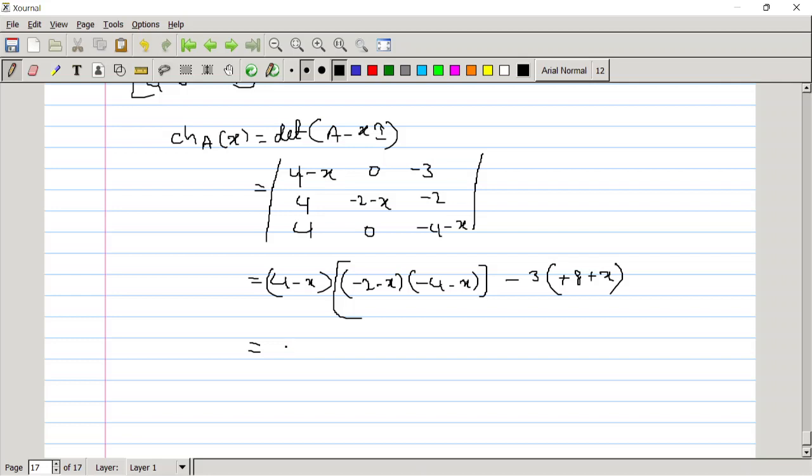Let me write it directly because we are running out of time. From this we get x plus 2 into x square minus 4. Maybe it may differ by a sign also, or x plus 2 times x square minus 4. You do the calculations here. You will get one of these two.